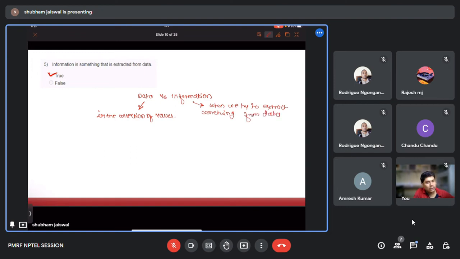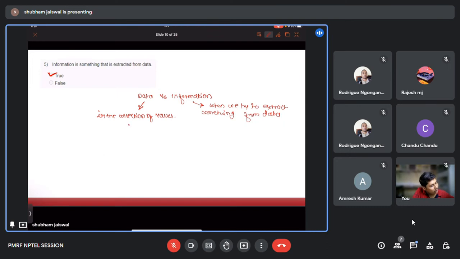Like if I have 10 to 20 temperatures for different years, I can arrange them with the years. The temperature that I have with the year is nothing but data. If I arrange them according to year, then I can see the trend, whether the temperature is increasing year by year or decreasing. That output that we are getting is nothing but information.